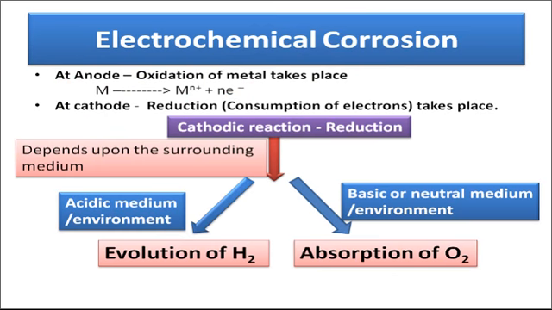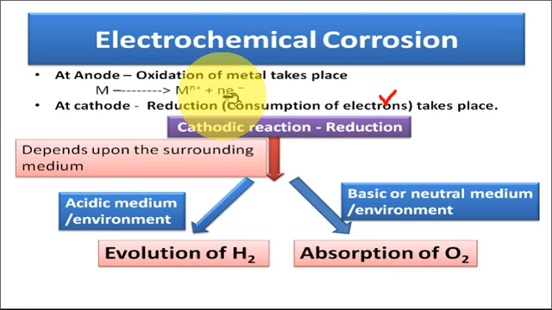Now second is the cathodic reaction. What is the cathodic reaction? At the cathode, reduction takes place. The electrons released at the anodic part are now consumed at the cathodic part. Reduction is the consumption of the electrons released at the anodic part.